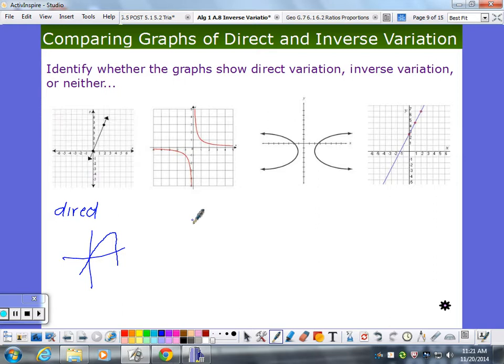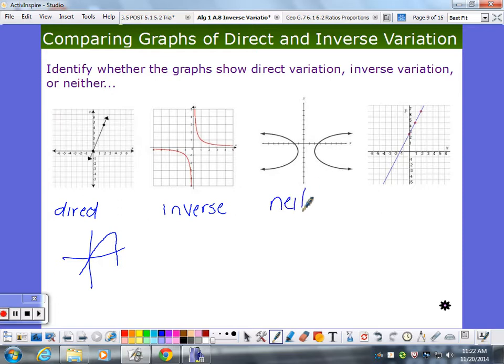What about this guy? This is a hyperbola, right? I'm in quadrant 1, quadrant 3. I'm not crossing any of the axes. That's an inverse. What about this one? Is it inverse or is it neither? Neither. Why?